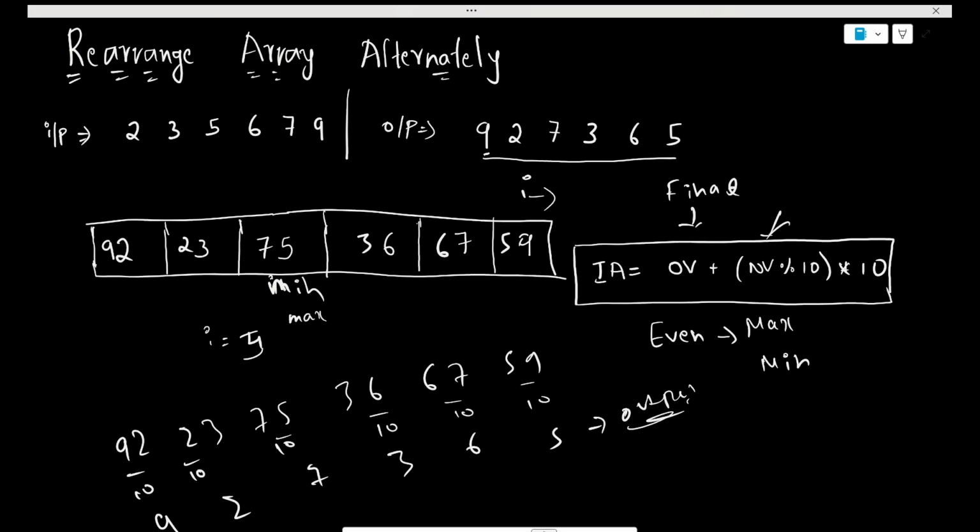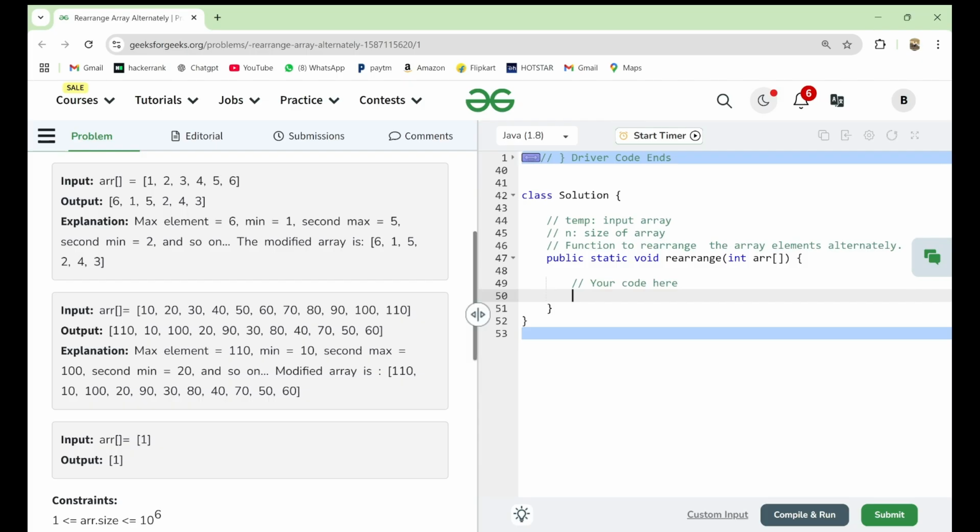So let's do coding. First we will write the formula. The intermediate answer is equal to old value plus new value percentile quotient into quotient.